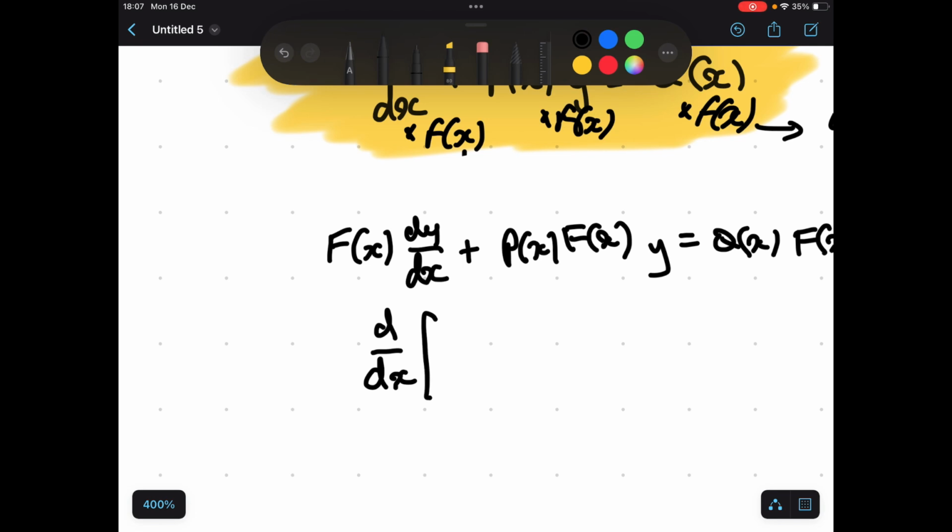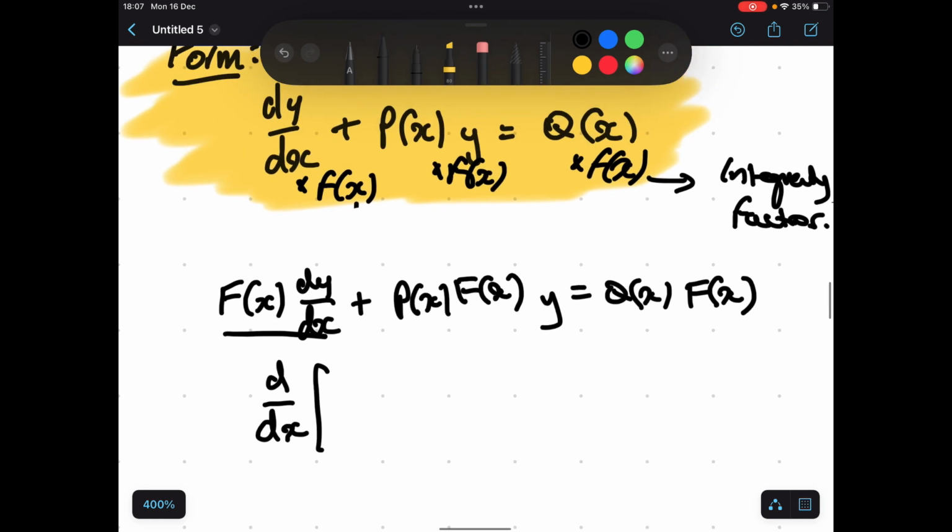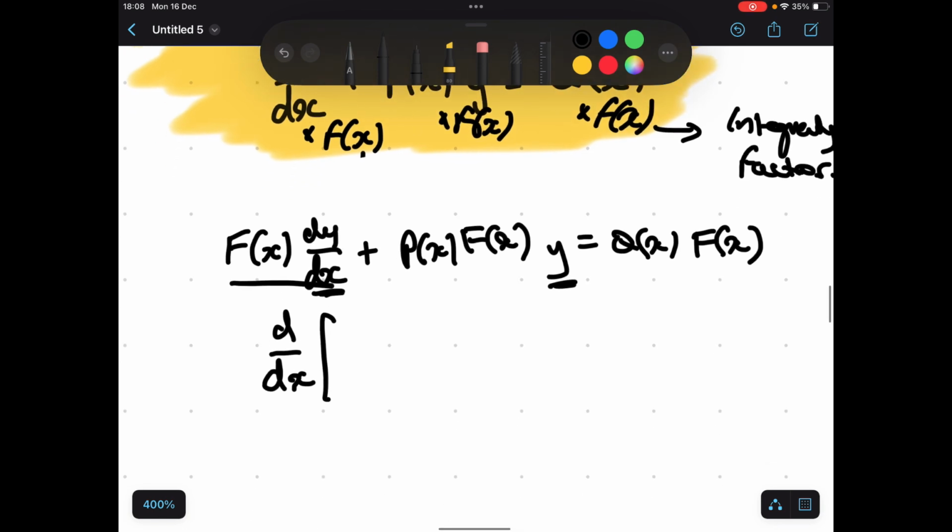And we want this part here to basically, remember what we did before? With the product rule, we get a part with a y and we get a part with a dy over dx. Basically what we want is, when we take our product rule, f of x, our integrating factor, multiplied by y, what we should be left with is these two parts, right?